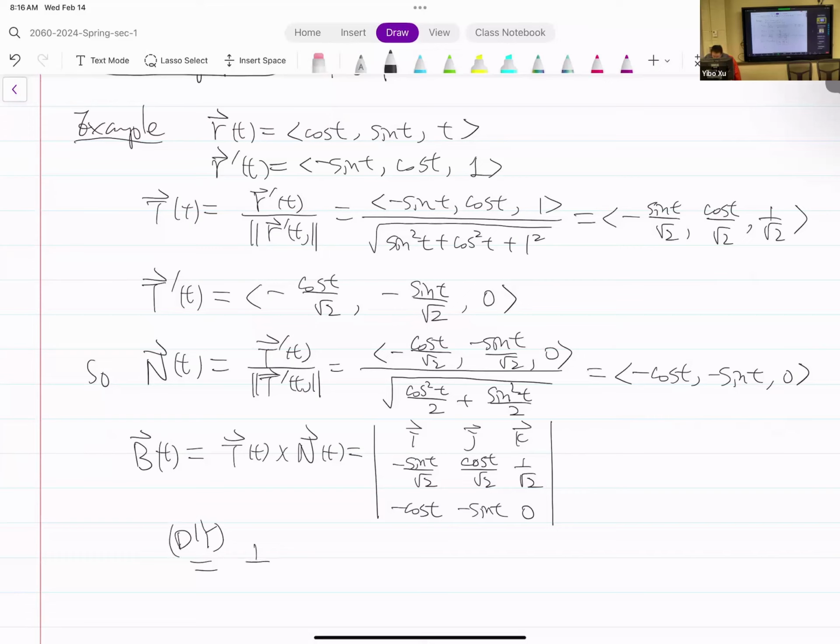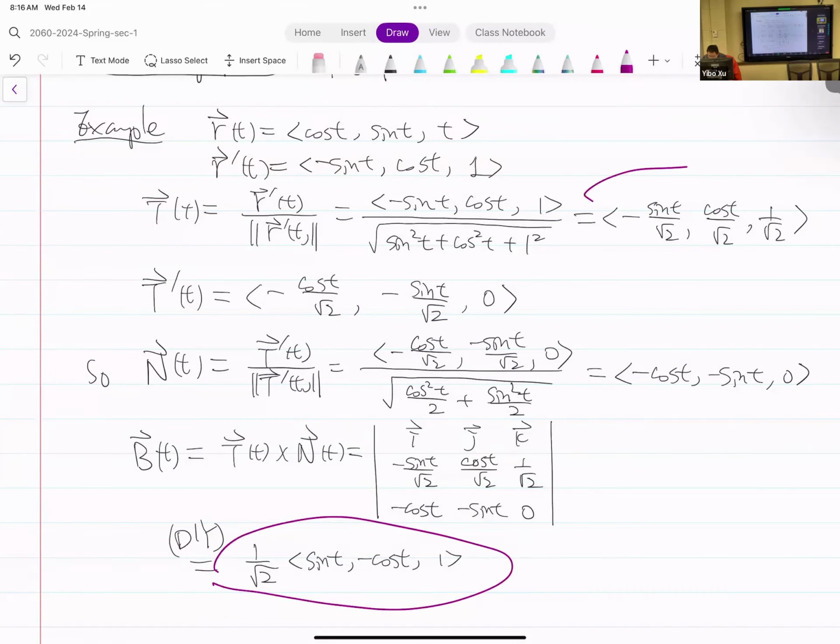So you should get a nonzero vector, which is 1/2 times sine t, negative cosine t, 1. Okay? And you can see this vector's format is really similar to the tangent direction, but they are perpendicular.